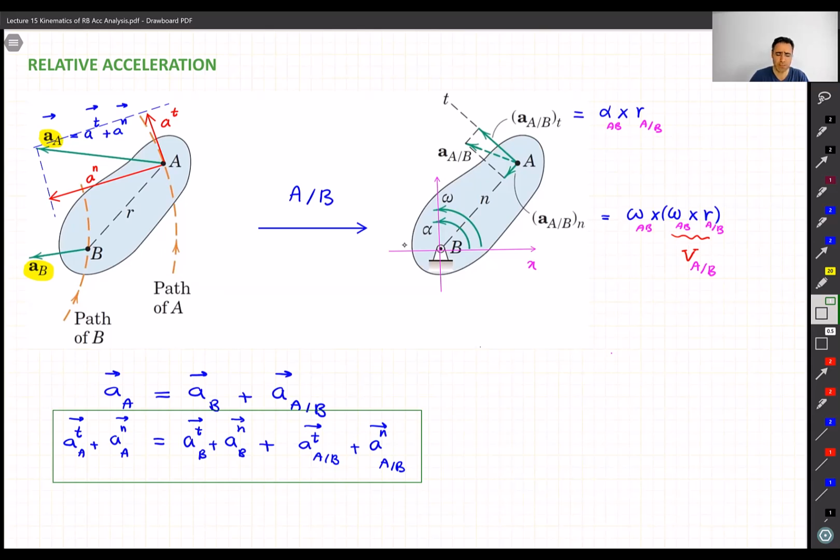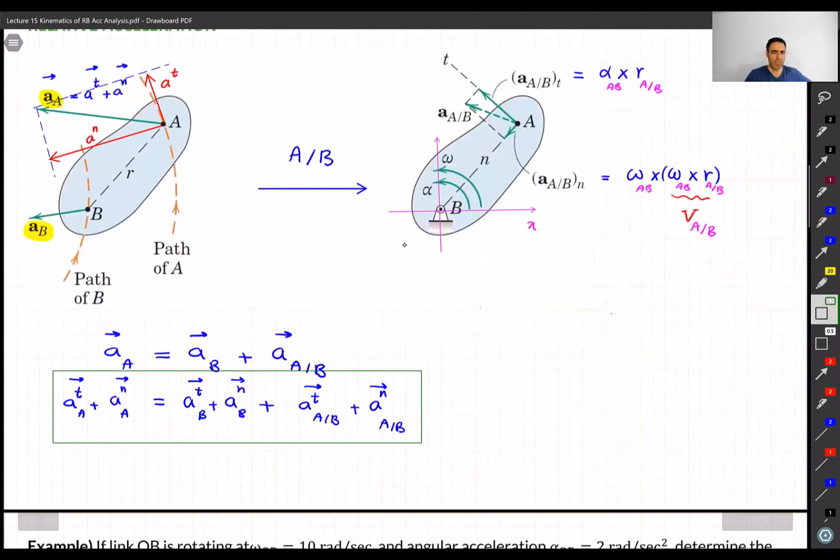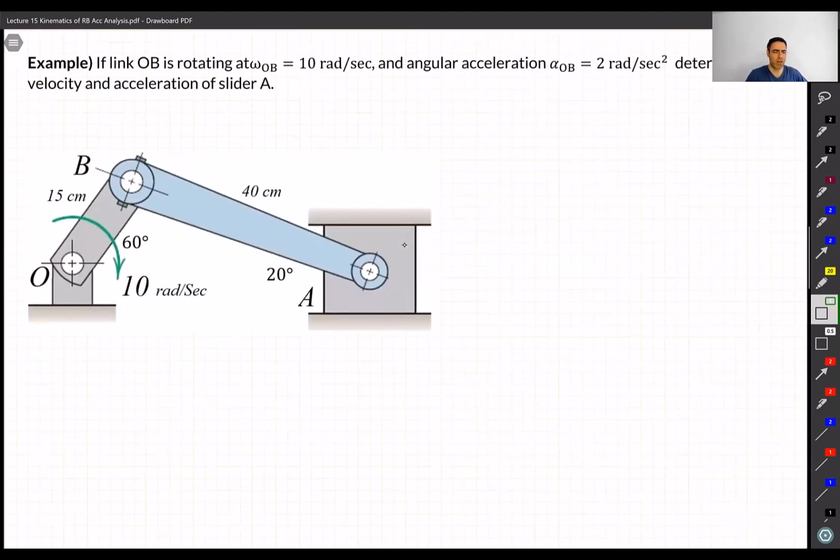As you can see, it's super easy. There is not actually a new formula, right? They are all the same. We just need to know how to solve the problem. Let's solve one example and make sure that you can understand this topic.